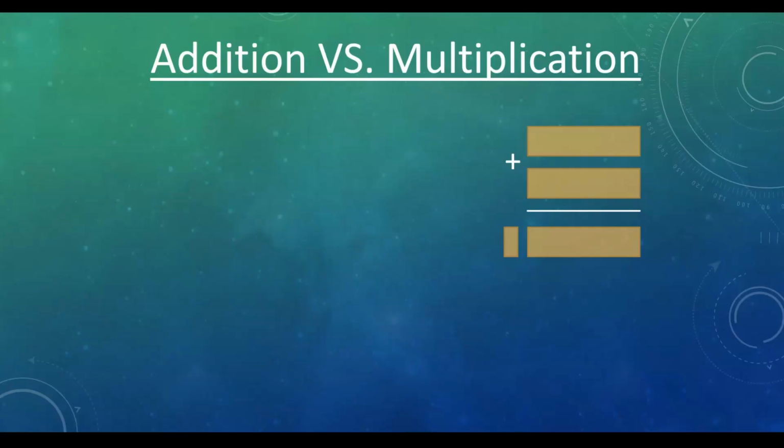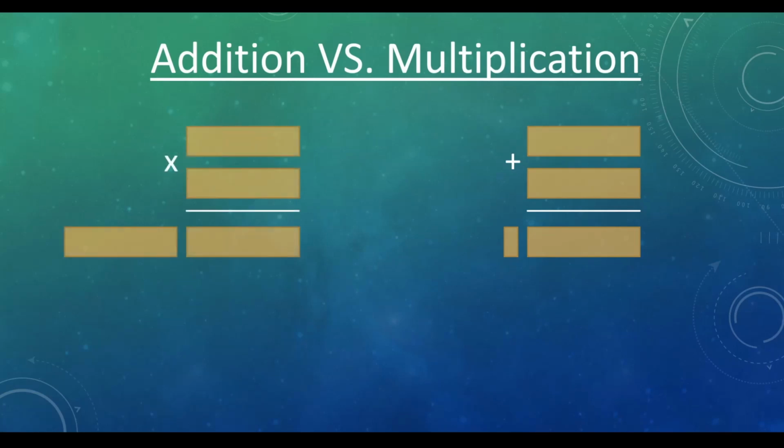Unlike in addition, where the result could be at most 1 bit larger than the original numbers that we were adding together, in multiplication it could be up to twice the size of the multiplicand. For that reason, when we do multiplication, we sign extend our multiplicands to twice the size of the original system and then do the math in that system. For example, if we are multiplying 2 bytes together, that's 8 bits each, we will first sign extend them to 16 bits each, and then we'll do the multiplication and have the result in 16 bits.